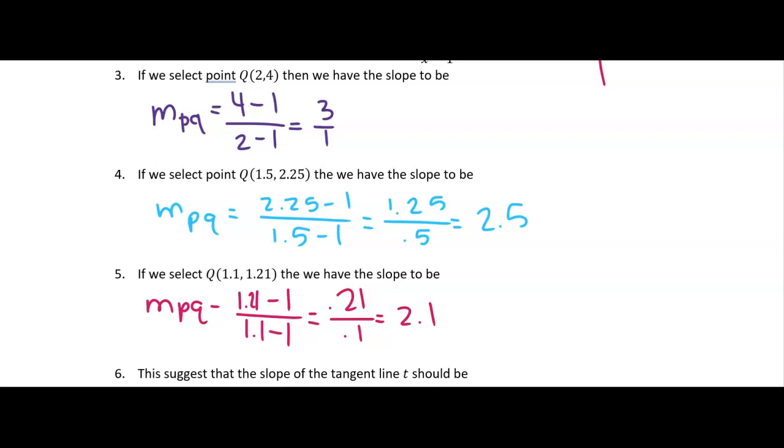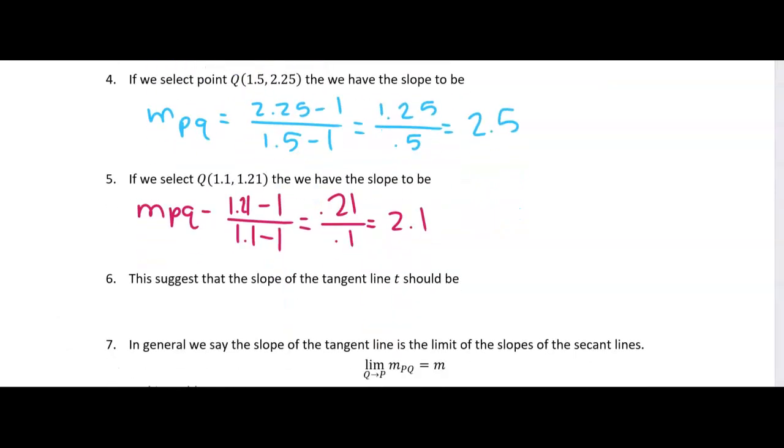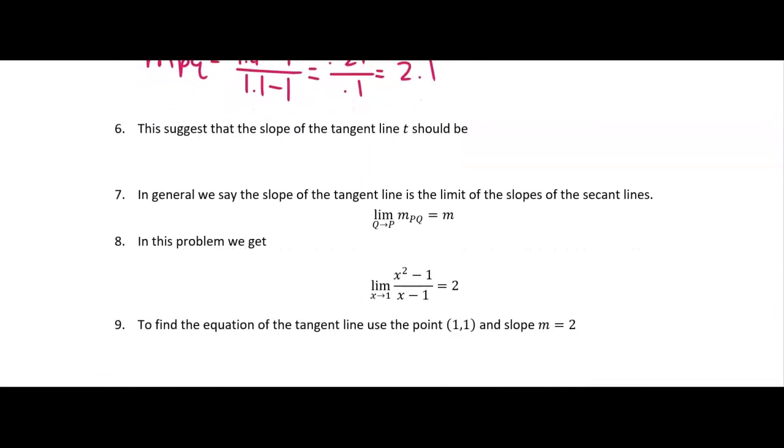It's really like 21 over 10. So what do we predict the slope of the curve is at (1, 1)? I went from 3 to 2.5 to 2.1, so more than likely the slope at (1, 1) is 2. This suggests that the slope of the tangent line at point P should be 2.